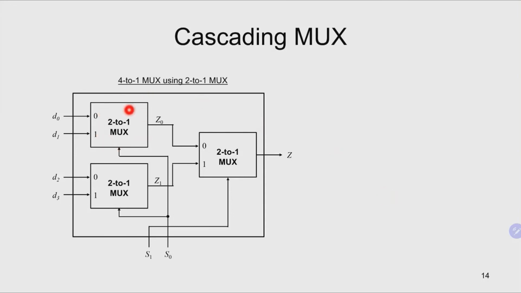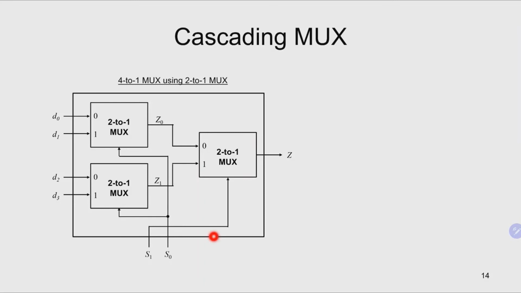I have a 2-to-1 with inputs D0, D1, and the next 2-to-1 has D2, D3, and then the S0, S1 controls. My S0 is connected to S of both of these 2-to-1 multiplexers, and the outputs Z0 and Z1 are connected to the next stage of 2-to-1 multiplexer.